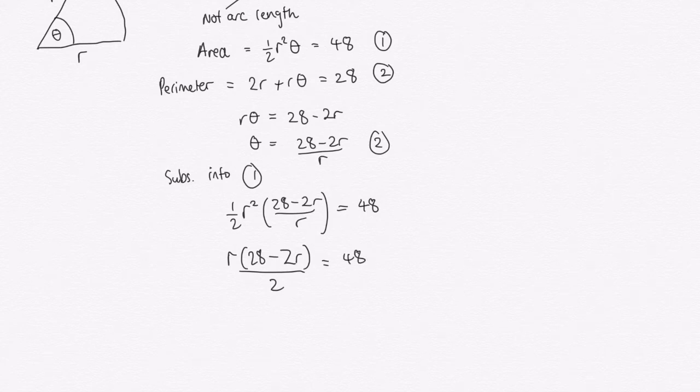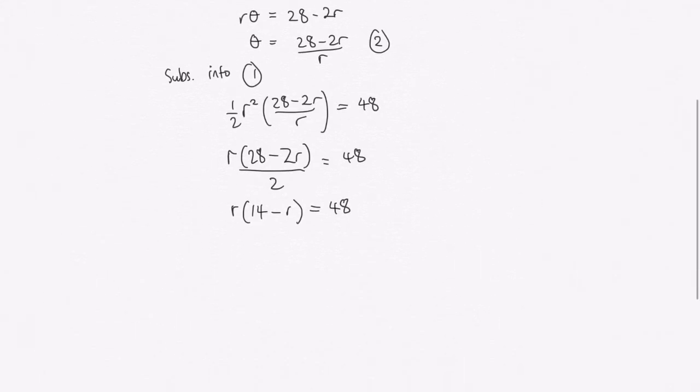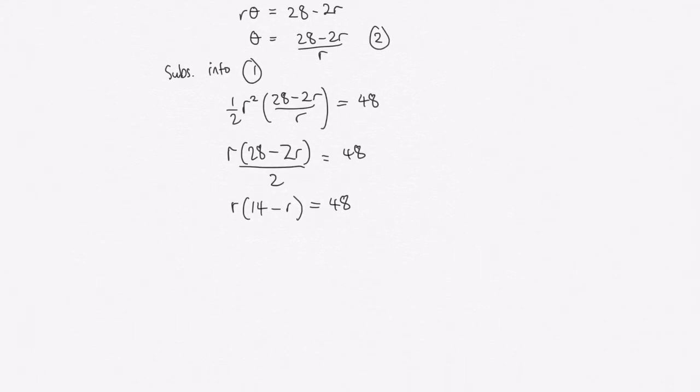And actually there's a common factor of 2 here, so we have r times 14 minus r is equal to 48. Expanding this out, we can see we have a quadratic equation. So 14r minus r squared is equal to 48. And then collecting all the terms on the right hand side, 0 equals r squared minus 14r plus 48.